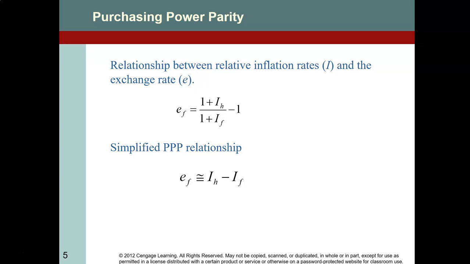The exchange rate of the foreign currency, EF, equals 1 plus IH, the home inflation rate, divided by 1 plus the foreign inflation rate, IF, minus 1. The simplified PPP relationship is that the exchange rate, EF, for the foreign currency equals the difference between the home inflation rate and the foreign inflation rate, IH minus IF.